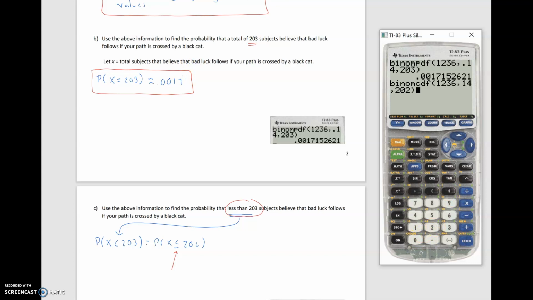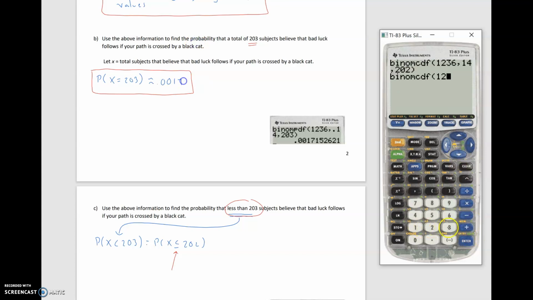And that's going to be adding all the probabilities from x is equal to 0 all the way to 202. I seem to have an error somewhere. Oh, I need a parentheses. Oh, I need the point. Okay, hold on. Give me just a second.